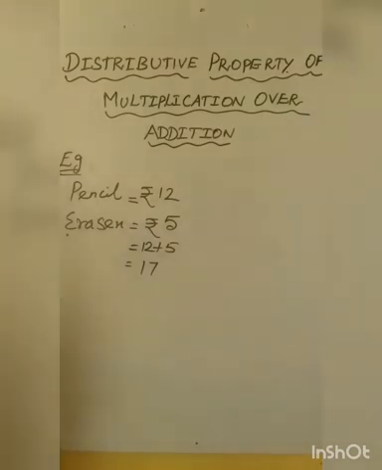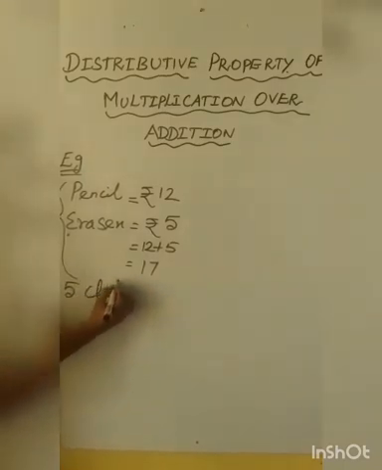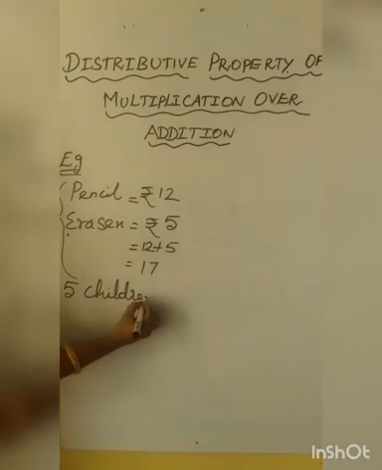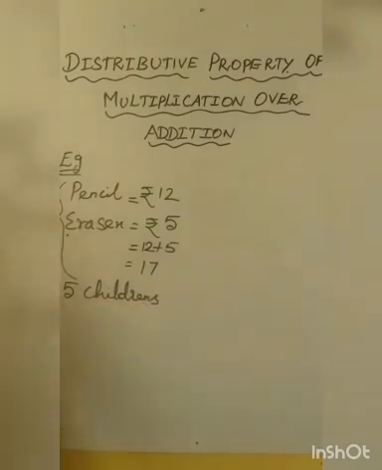Suppose each child buys a pencil and an eraser. She has to pay 17 rupees. Suppose 5 children also buy a pencil and an eraser at the same amount.